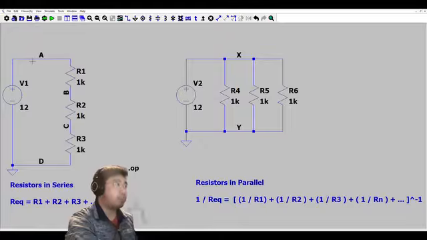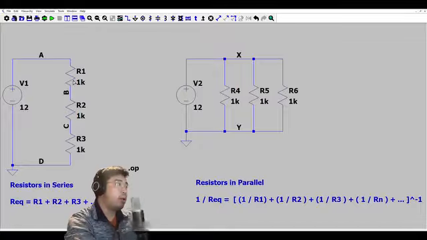So series: we have nodes A, B, C, and D, because resistors R1, R2, and R3 are being added in series. Very similar to algebraic terms, R1 plus R2 plus R3 is a simple summation: 1 kilo ohm plus 1 kilo ohm plus 1 kilo ohm.